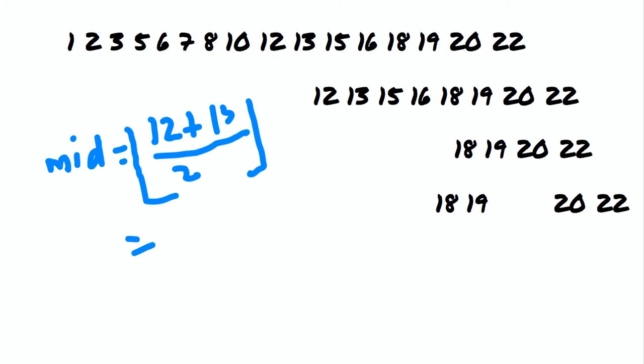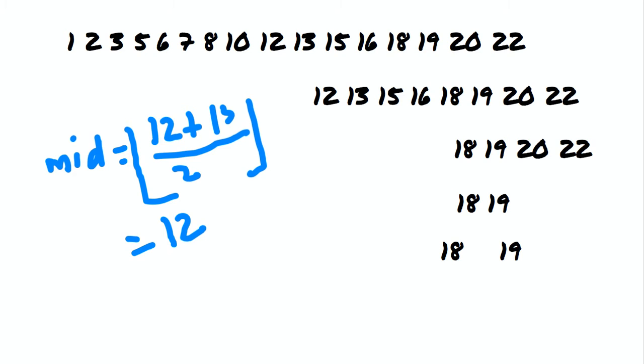So the middle term now is 25 over 2, so this will be the floor of 12.5, so 12. So it will now choose 18. So this is now 18, and so these are just two elements, and we are almost done with this particular process.